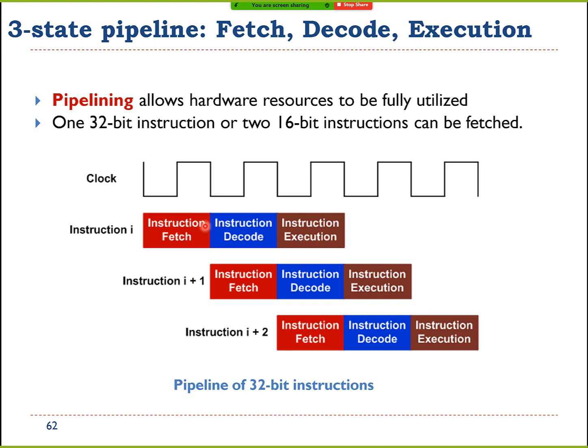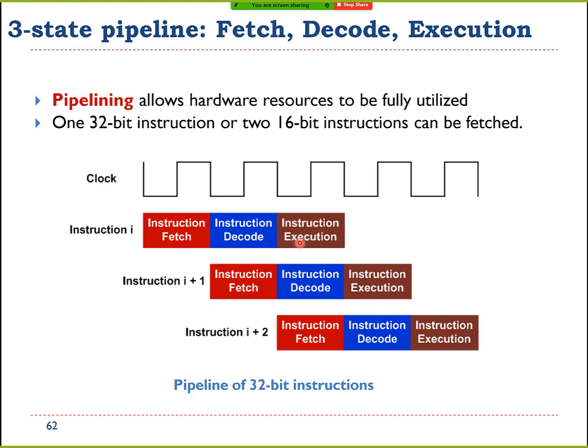If I don't use pipelining, if I am doing a fetching, the decode is not working and execution is not working. So if I am executing here, the fetch and decode will not be doing anything, right? They will just be sitting there idle.